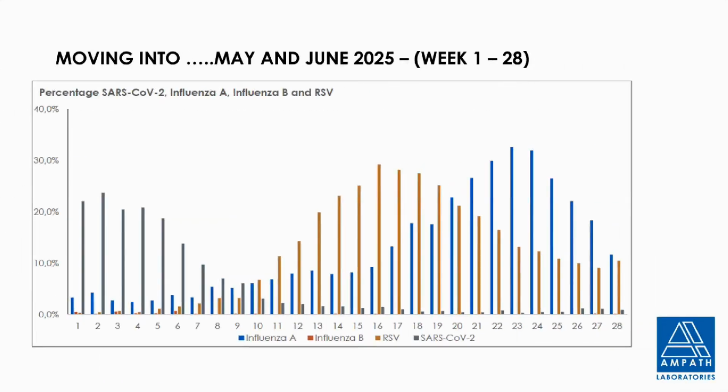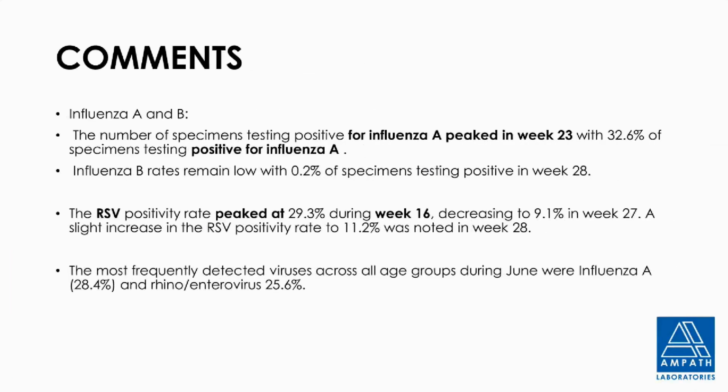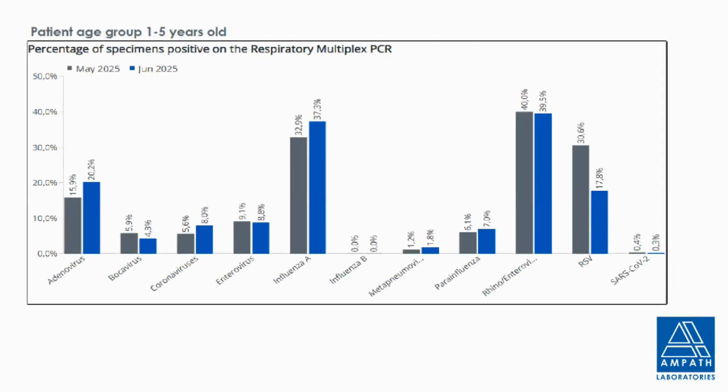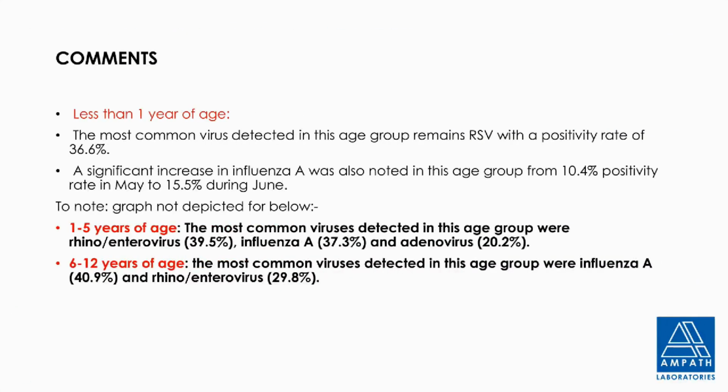Okay, it's the same thing. When we look at May and June statistics, it's also showing that your influenza peaked in week 23 and your RSV positivity peaked at 23% at week 16. These are just illustrating similar points.